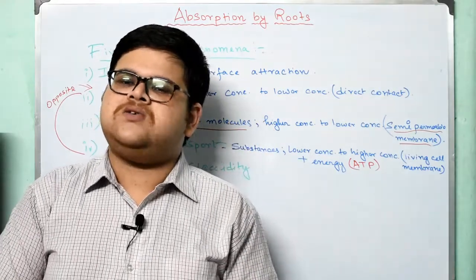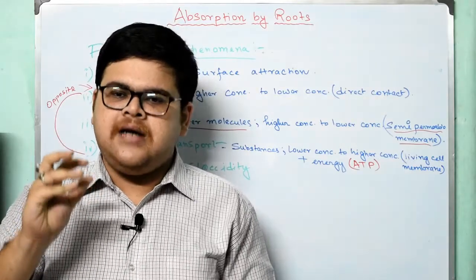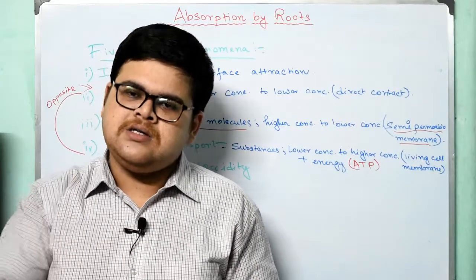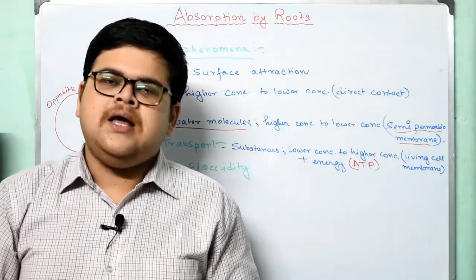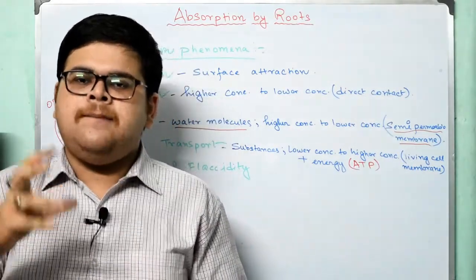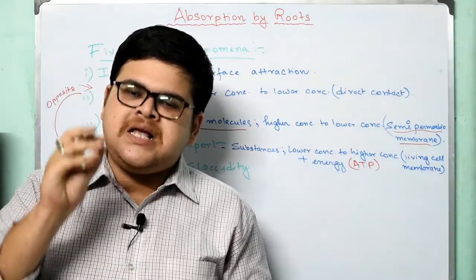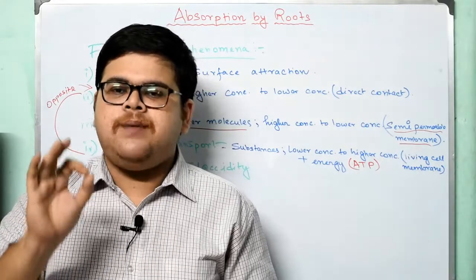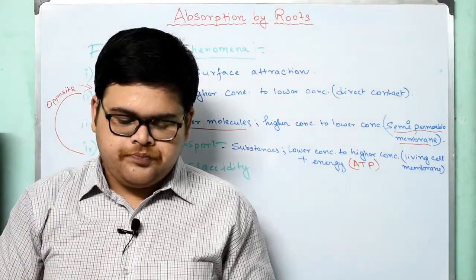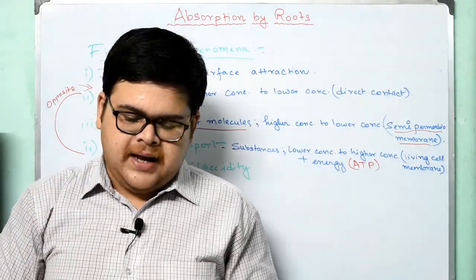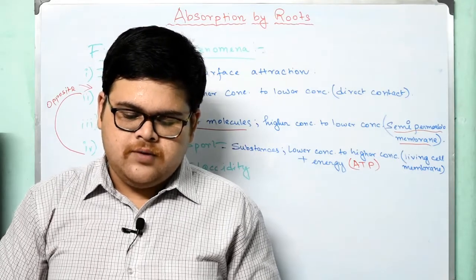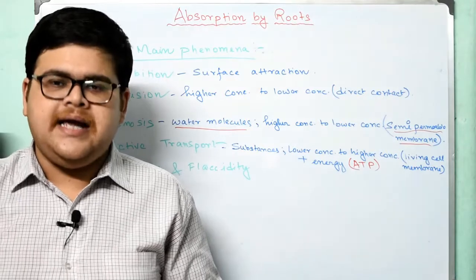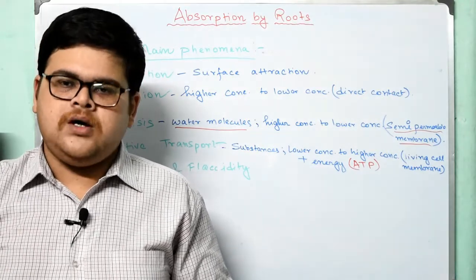Now when the cell shrinks, before the cell dies, if we again keep it in water, the phenomenon which brings that cell back into its original shape and size is known as deplasmolysis. Okay, you can understand that plasmolysis is a result of outflow of water from the cell, and deplasmolysis is a result of re-entry of water molecules.